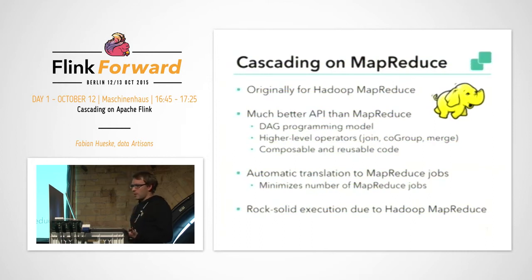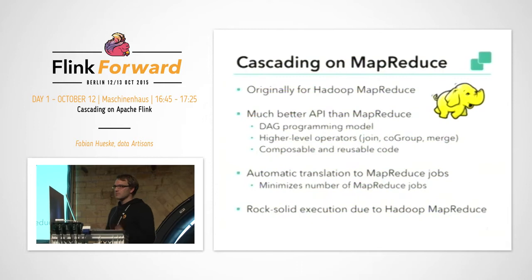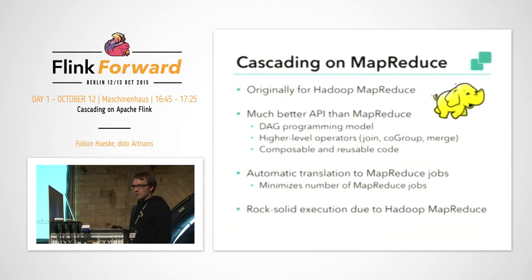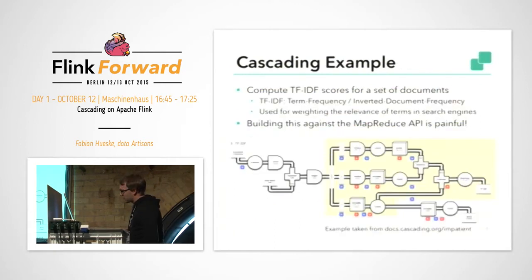So Apache Hadoop may be slow in some cases, but it's rock solid. If you start something, it will continue and it will be finished at some point in time. So this basically makes Cascading like a workhorse for many environments. It works reliably, but maybe not in the fastest way.